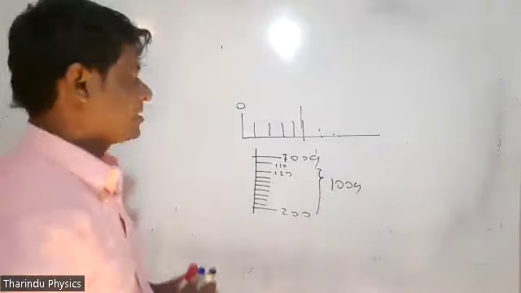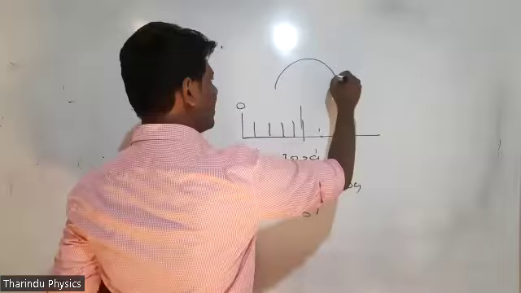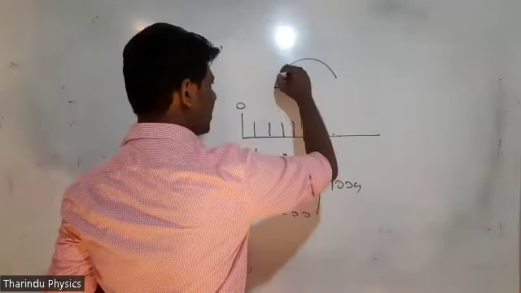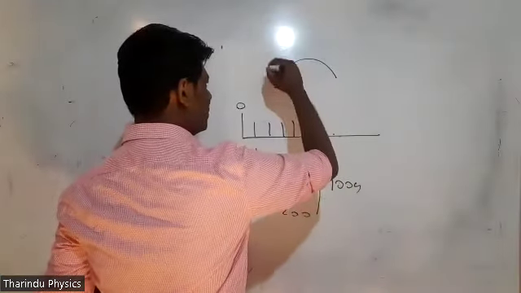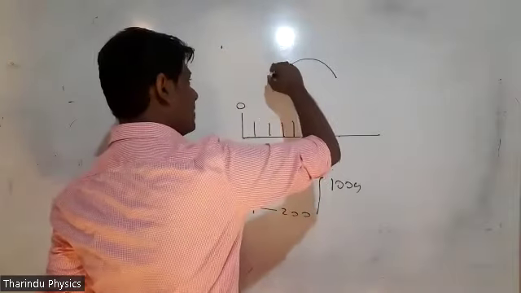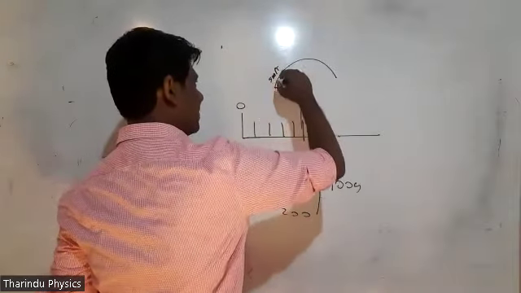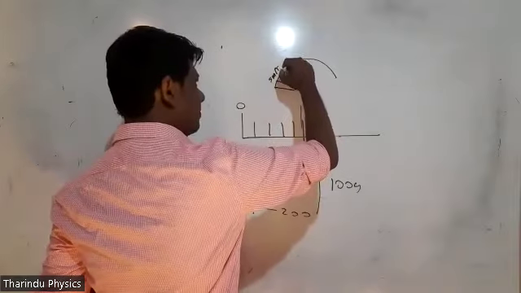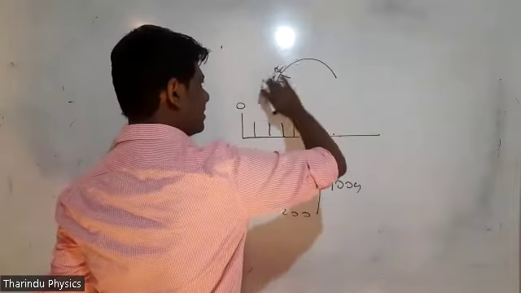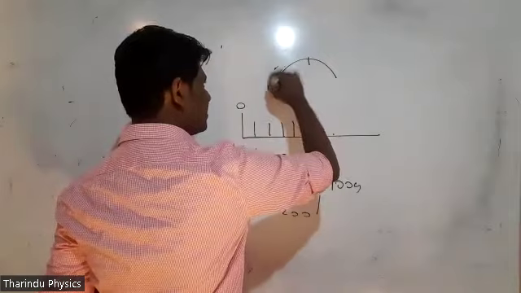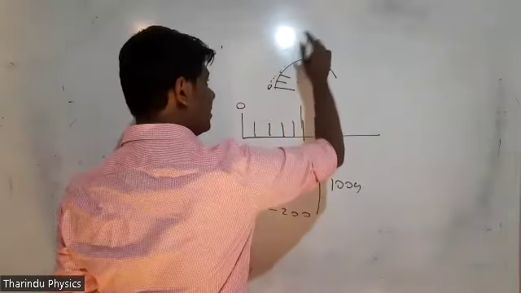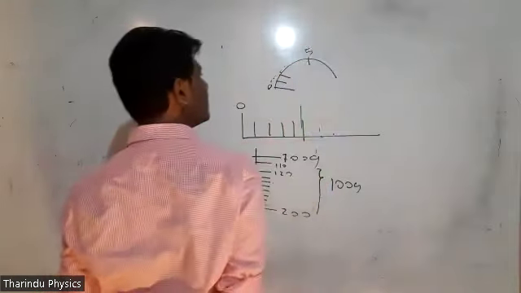Sometimes you will find a reading like this, where the least count is something like 5 milliampere, then another 10 milliampere, and it is not marked in between. You get marks like 0, 5, 10.